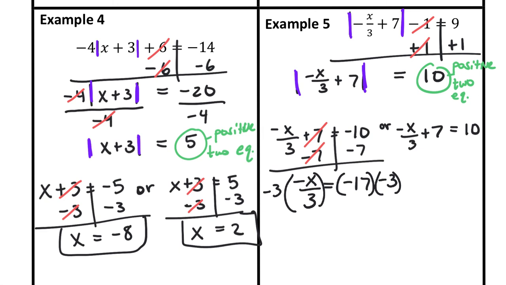So that's going to cause the negative 3 and the negative 1/3 to cancel. So I'm going to end up with x equals 17 times 3. That's 51. Positive 51 because a negative times a negative.